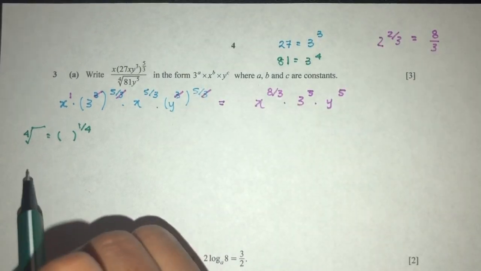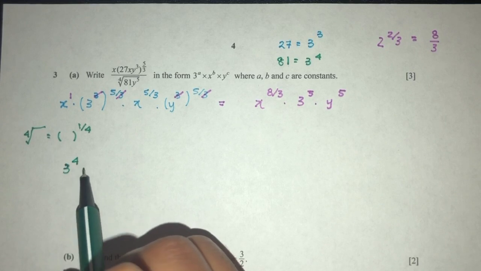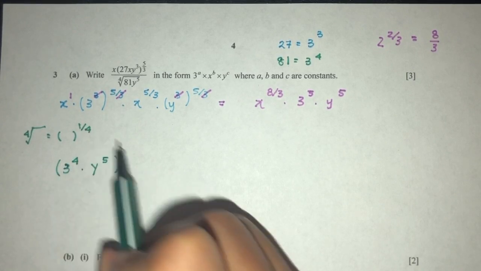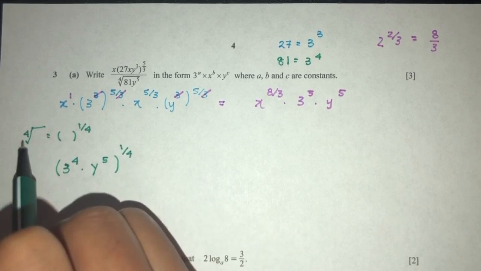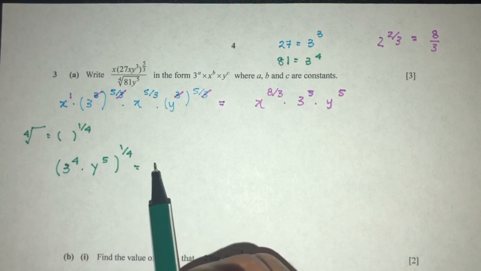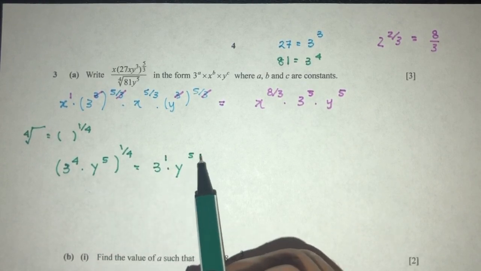So we can write, this will become 81, which is 3 power 4 times y power 5. Now we have bracket power 1 over 4. As we have seen, this is this. Now simplify. This and this will cancel out. You will have 3 power 1 times y, that will become 5 over 4.